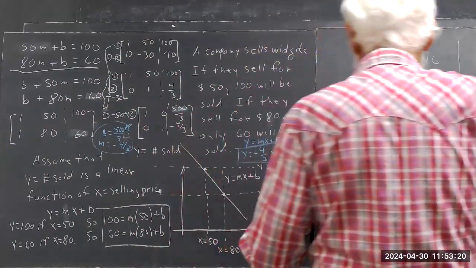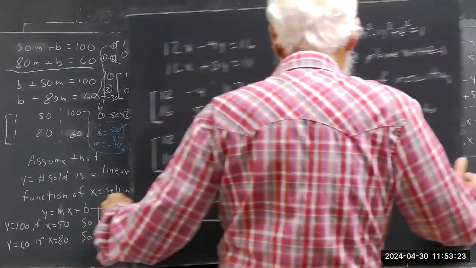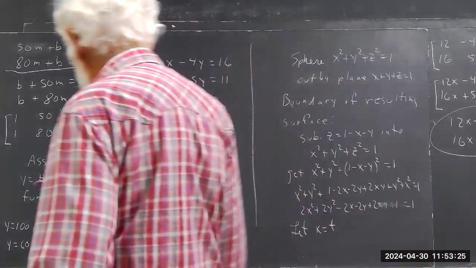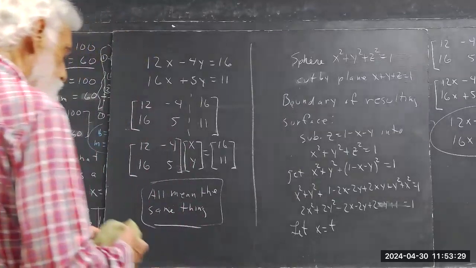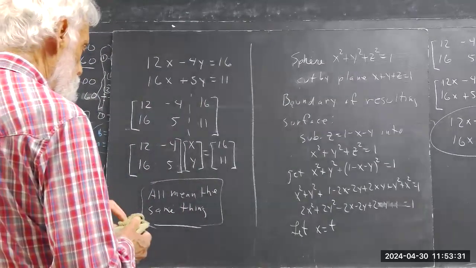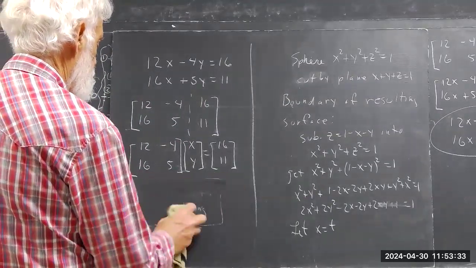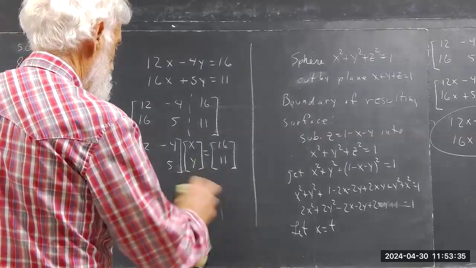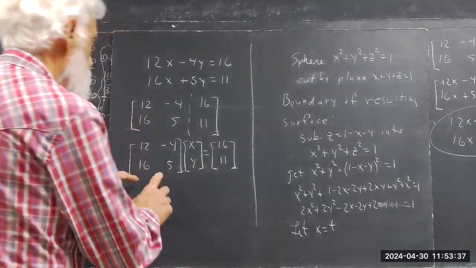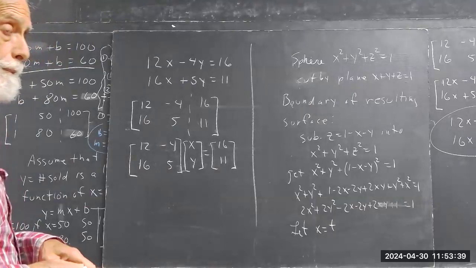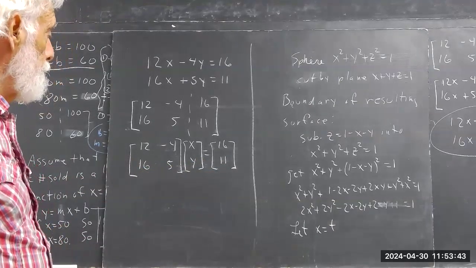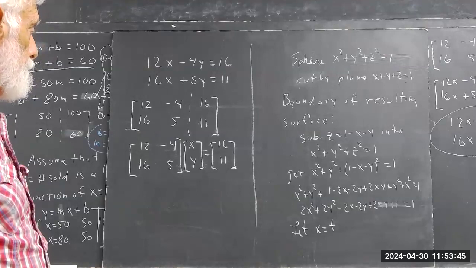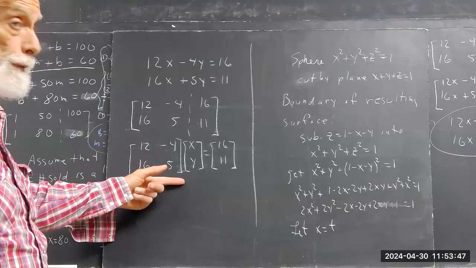Actually, let's just make sure we got that. Okay. So I don't think we did one like that. So let's write this out. Write this product out. And then multiply the matrices.